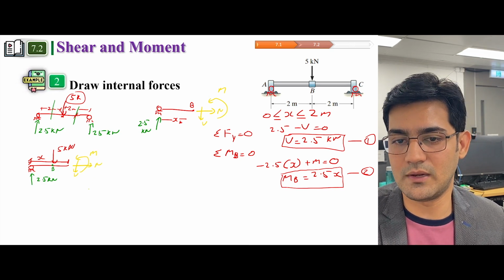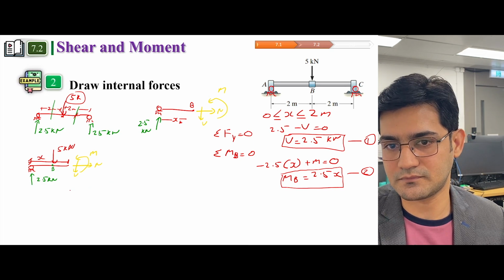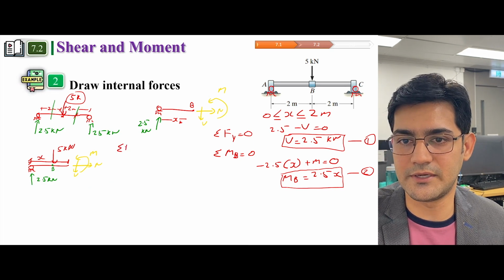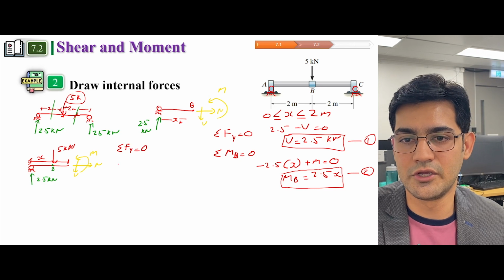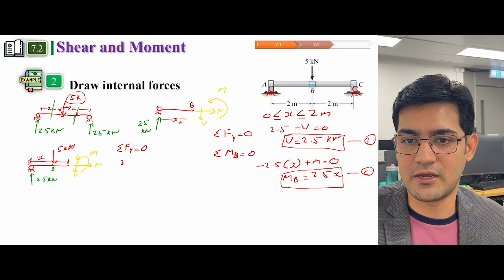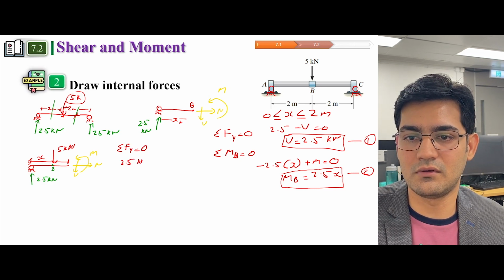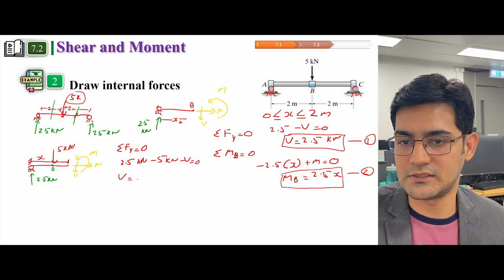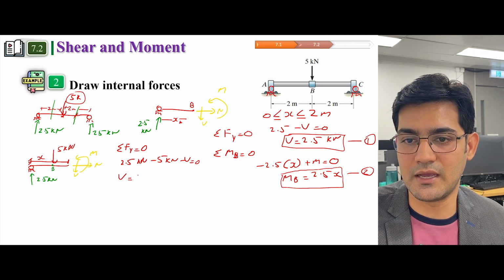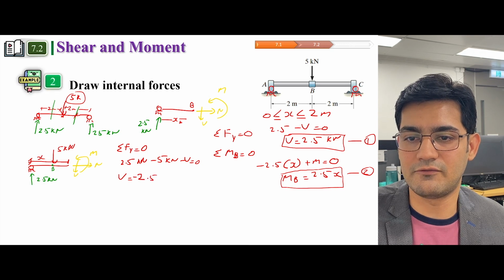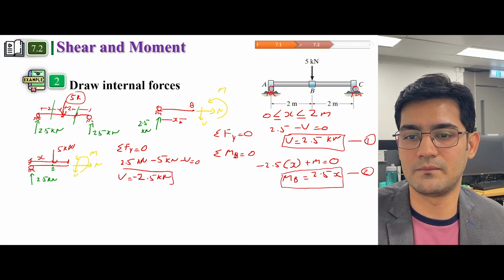Now again we will apply equilibrium equations. If we do the summation of F_y equal to 0, you can see that you have 2.5 kilonewton, then minus 5 kilonewton, and minus V, which is the shear force. If you solve this, you will get the value as minus 2.5 kilonewton.